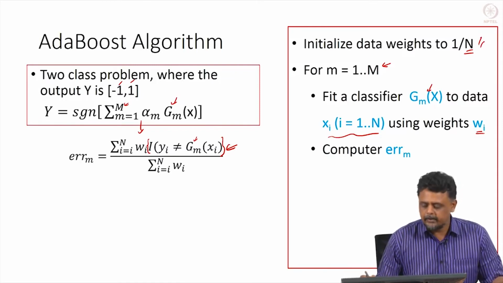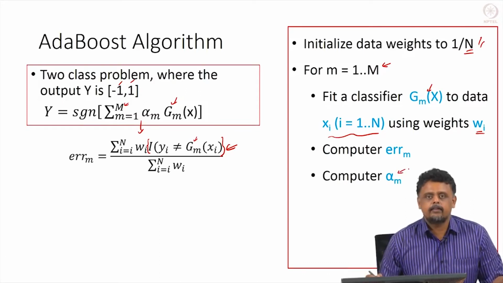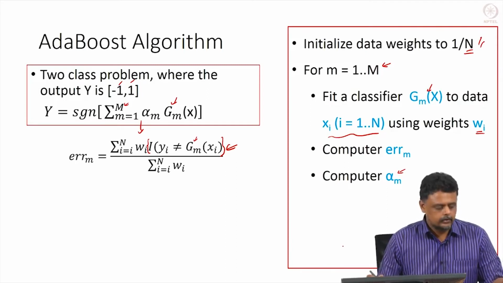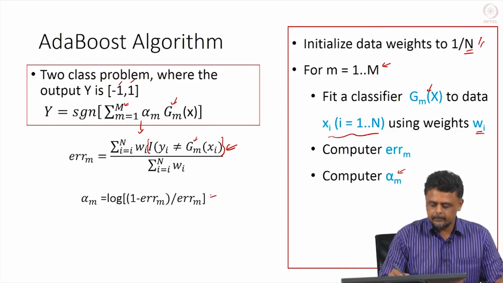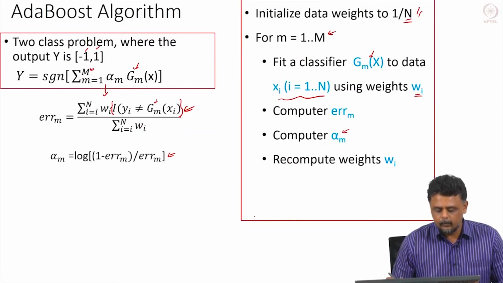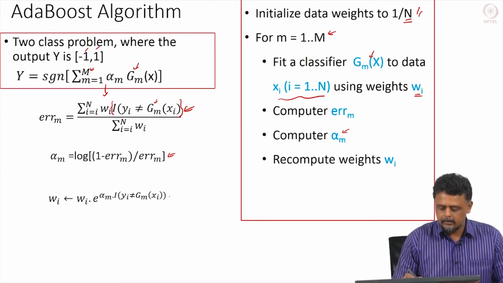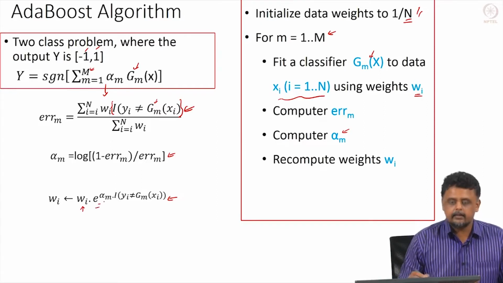Okay. So, how do we update the weights? That is what we will see. We also have to compute these alpha m, which are the weightings for the individual classifiers. We can calculate alpha m using this expression. Okay. And once we have calculated the alpha m, then we can go ahead and update the weights. The weights for the next iteration are given by this expression, where again it is the weights from the previous iteration times this exponential factor.